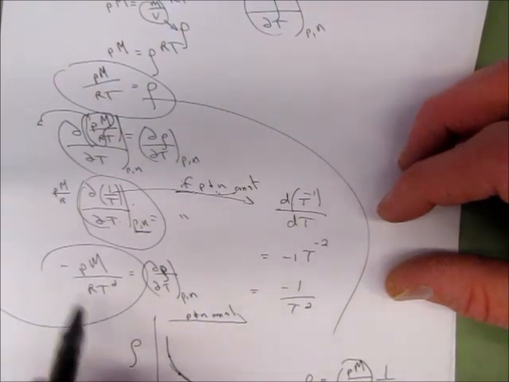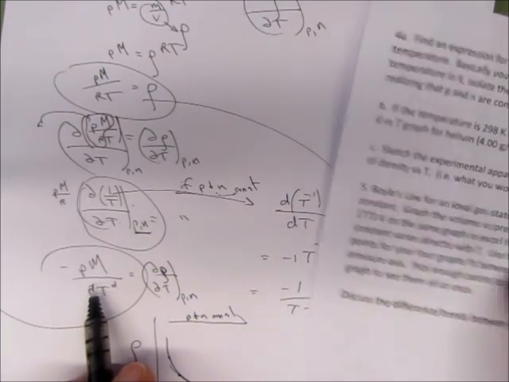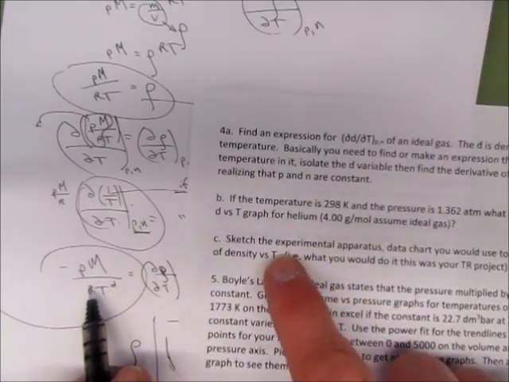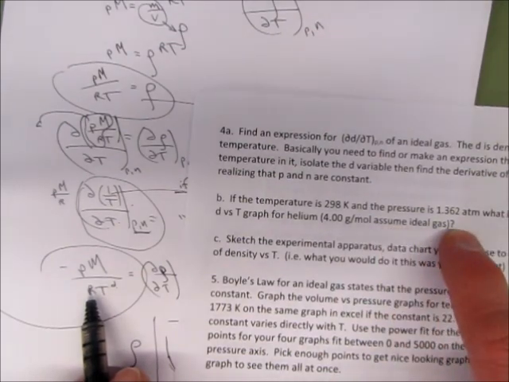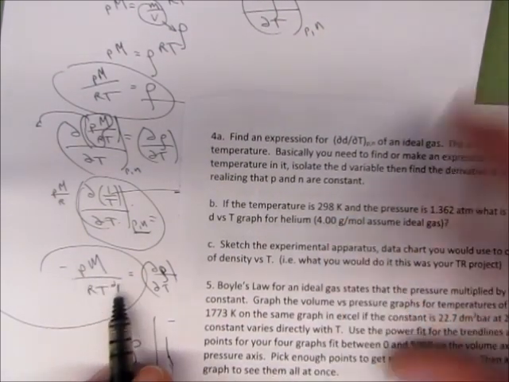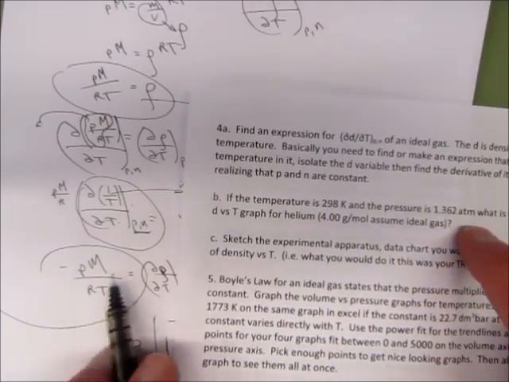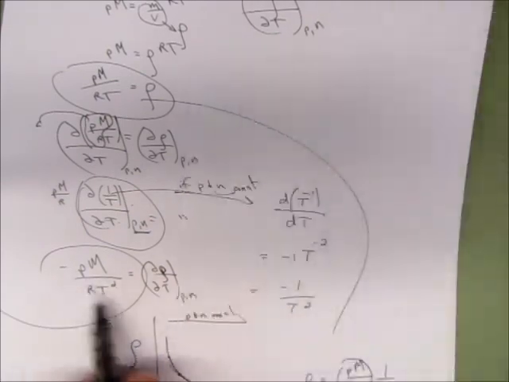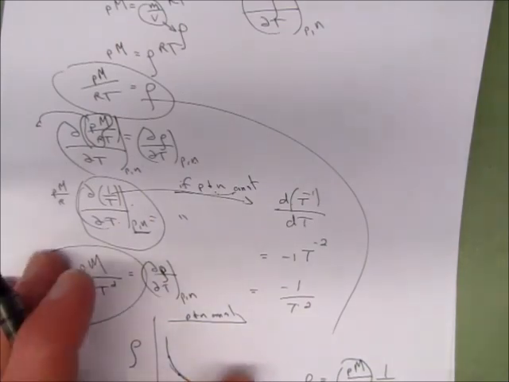The slope is changing at a 1 over T squared relation. So you can sub in here and calculate for part B. You just put in your numbers here and get the value of the slope at those numbers. That was for part B.